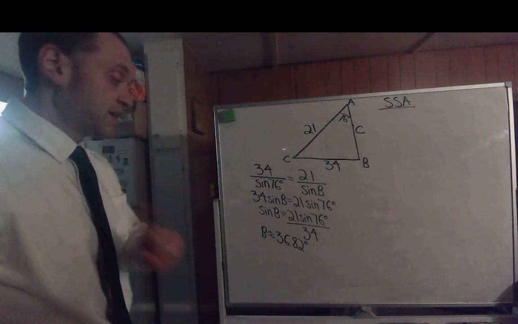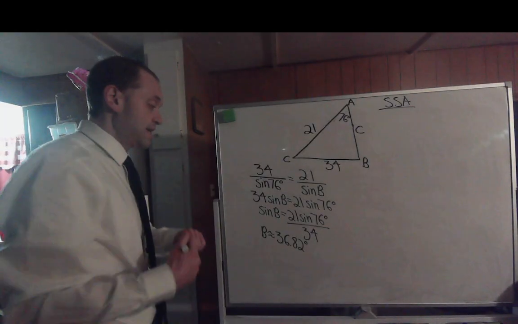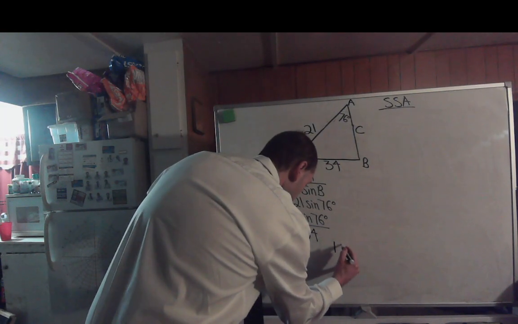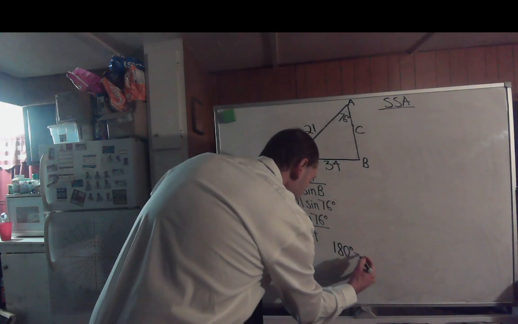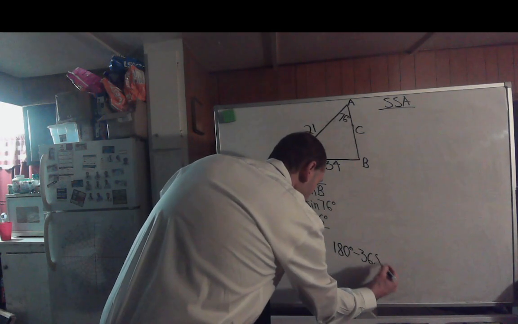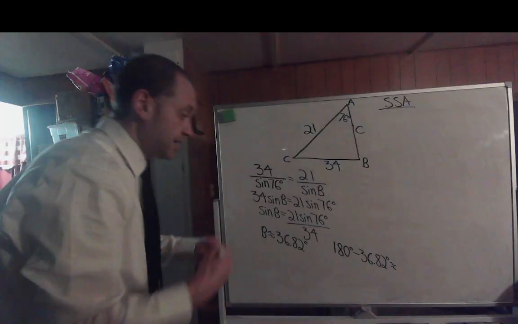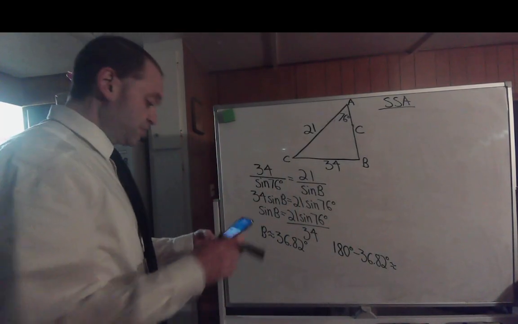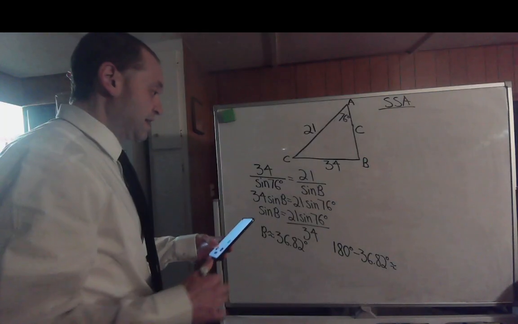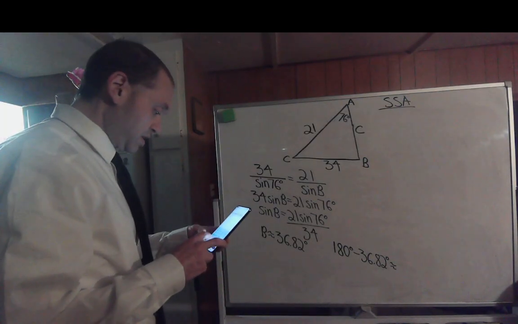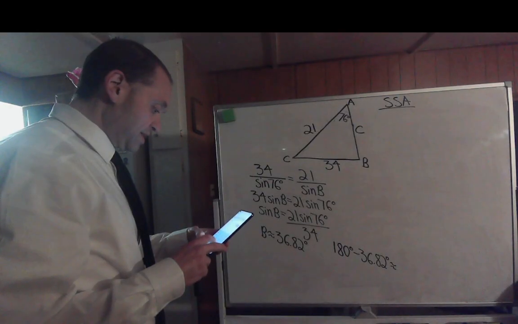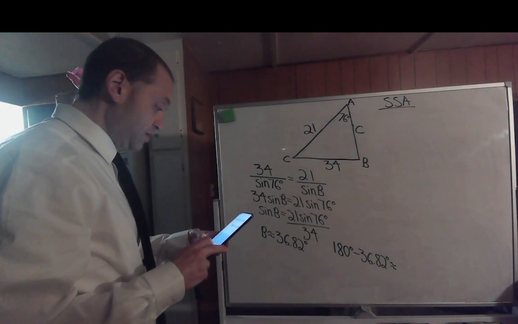But do we have a second triangle? How are we going to determine that? So take 180 degrees minus that 36.82. See what we approximately get here. I can pretty much guarantee that's not going to work. 180 minus 36.82 would give you an angle of approximately 143.18 degrees.